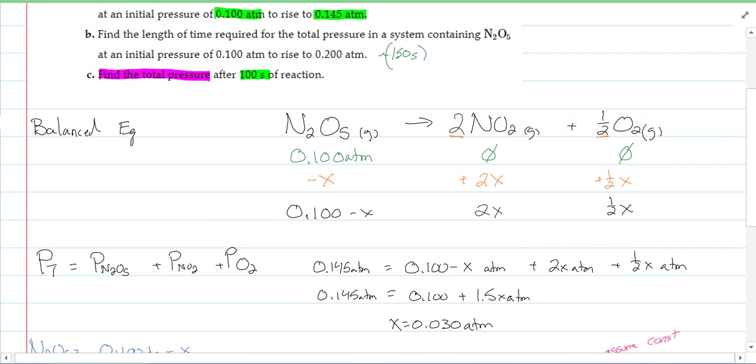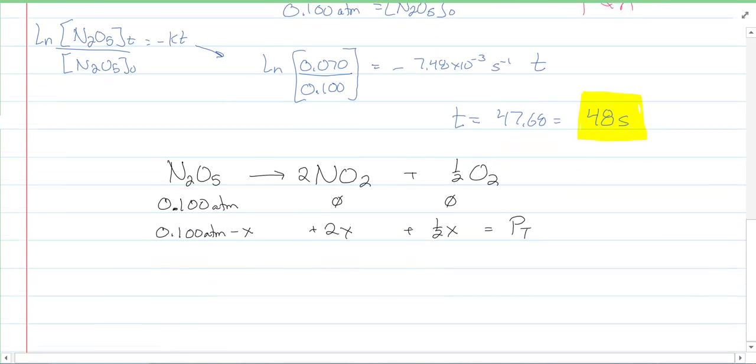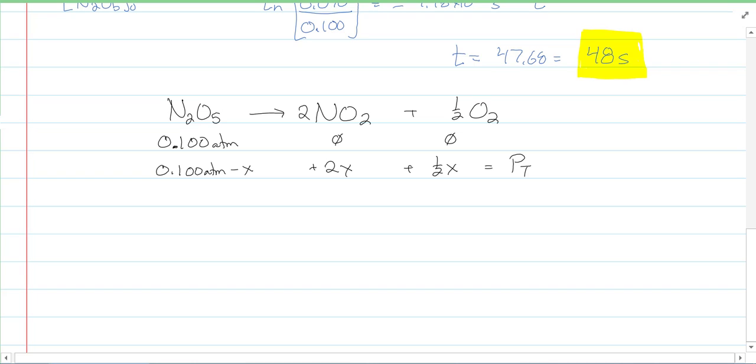Now, we're looking for the total pressure. Great. If we go back to our E form, we'll use the E form. Sounds like we're doing electronic commerce or something. E form. I get N2O5 at time t, which we're looking for, equals N2O5 at time 0 times e to the negative kt.